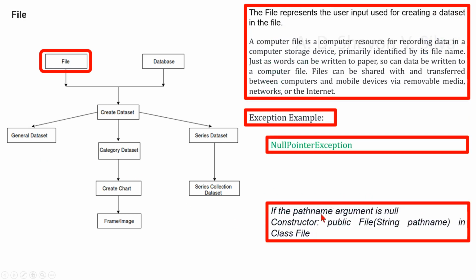As an exception example, we can consider NullPointerException. If the pathname argument is null in the constructor public File(String pathname) in class File.